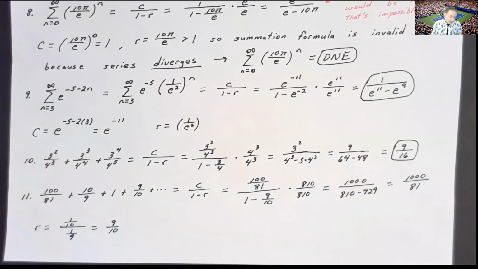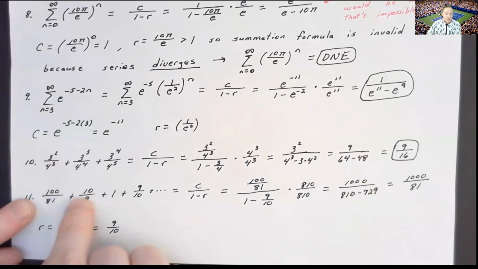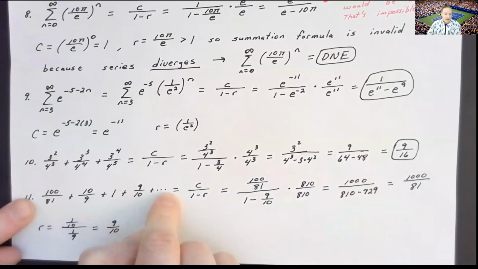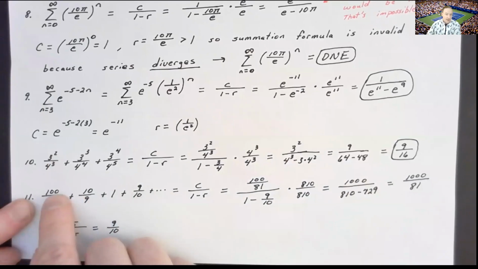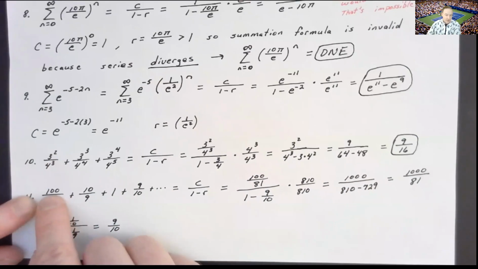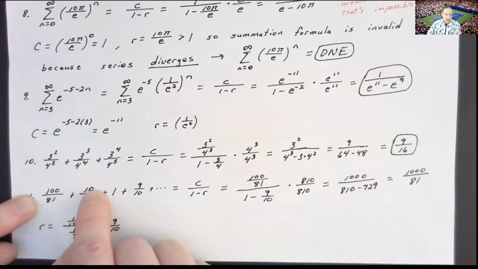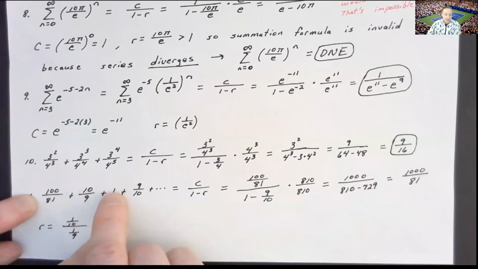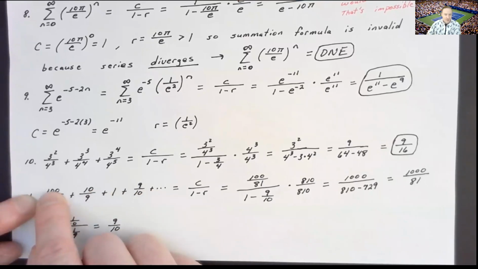Similarly, number 11 is pretty much the same thing. It gives you these terms here, and you have to see what the sum of the series is. And when I was doing that, I actually looked at between the first term and second term. It really would have been easier if you went from the third term to the fourth term. That's the most obvious one. But I went from the first to second, and I said, well, what's going on from here to here?